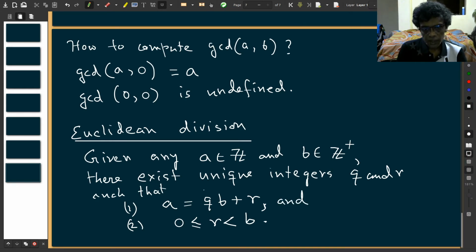So this q is called the quotient of Euclidean division of a by b. r is called the remainder of the Euclidean division of a by b. So q is the quotient.